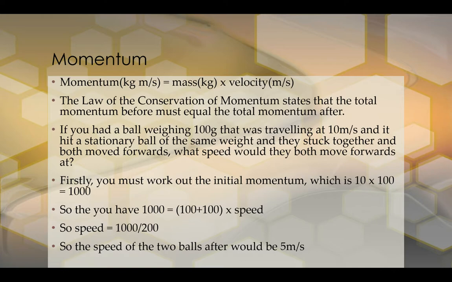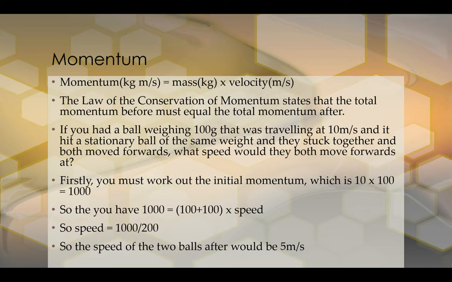So, for example, this question here, you have a ball weighing 100 grams travelling at 10 meters per second. It hits another ball of the same weight and they stick together and both move forwards. What speed would they move forward at? So the initial momentum is just mass times velocity, which is 1,000.